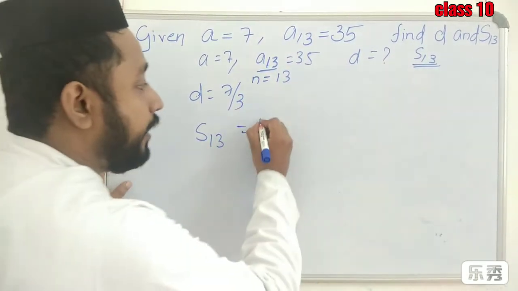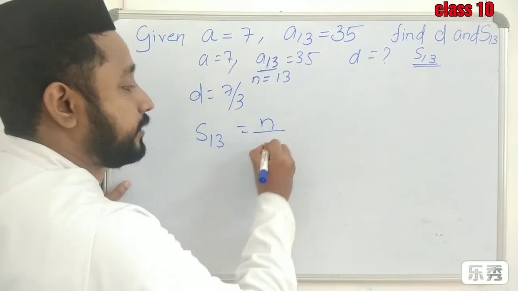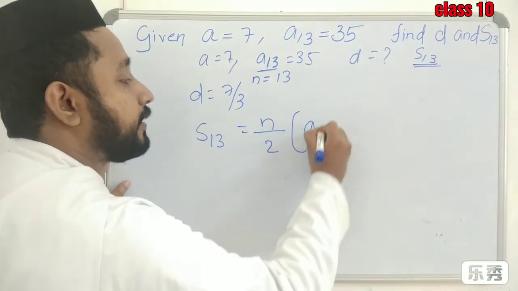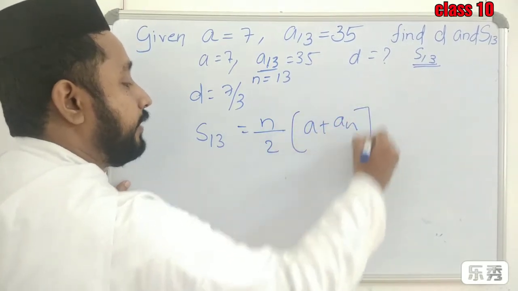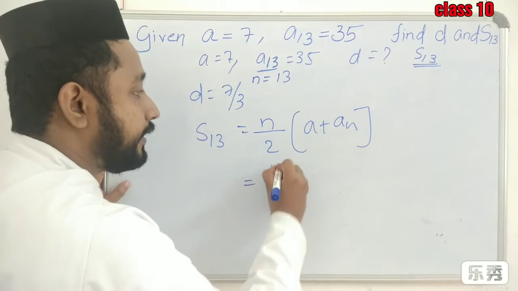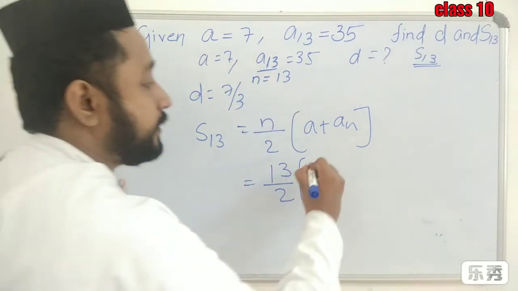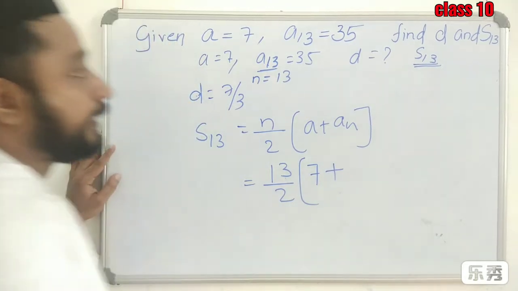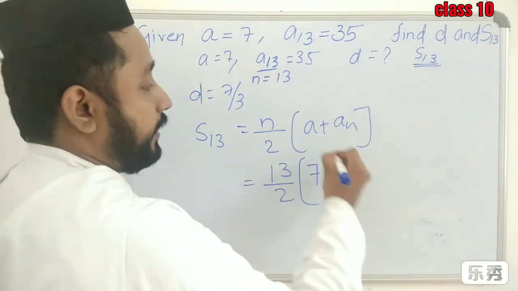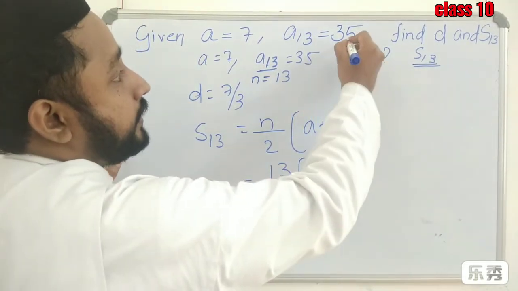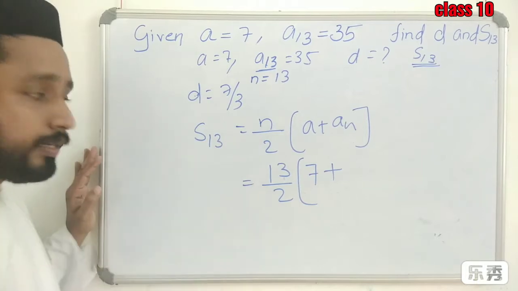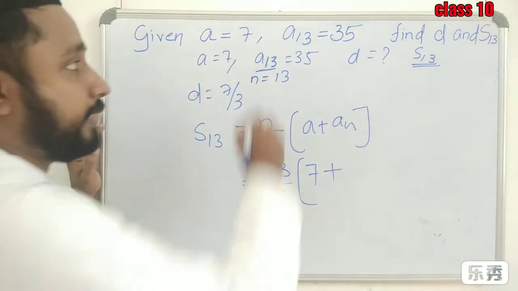We have the formula Sn = n by 2 into (a + an). Here S13 = 13 by 2 into (first term + an). The first term is 7. an is the last term; for S13 the last term is the 13th term, that is a13.